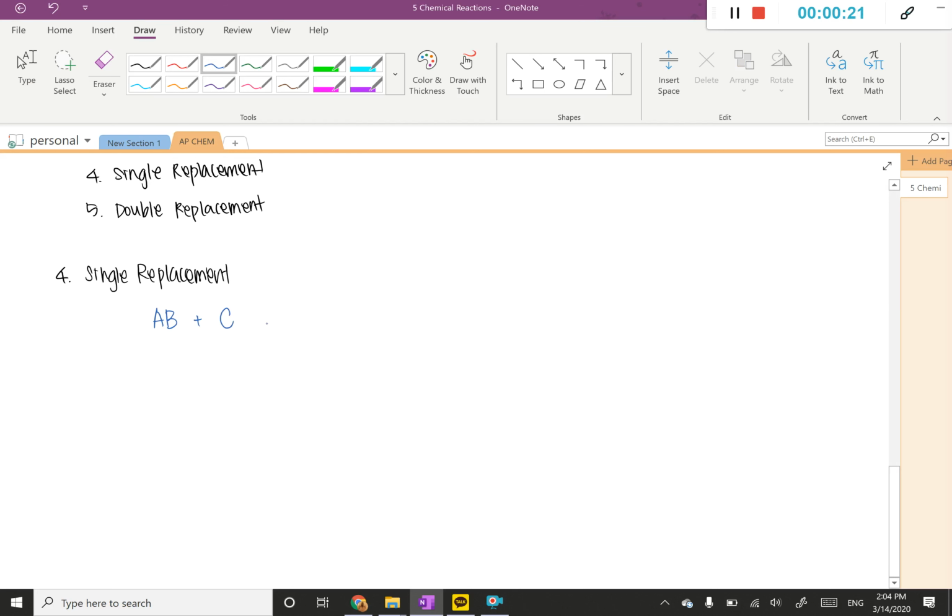So here's an example. Let's just say we have hydrochloric acid and we have zinc. It just so happens that zinc wants to be paired up with someone else, and H, the proton, and the chlorine don't want to be together anymore. Now we have to determine that zinc, because it's a metal, has a potential of becoming a 2+ charge, so it's a cation.